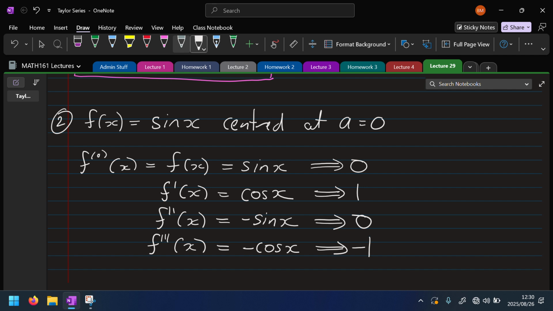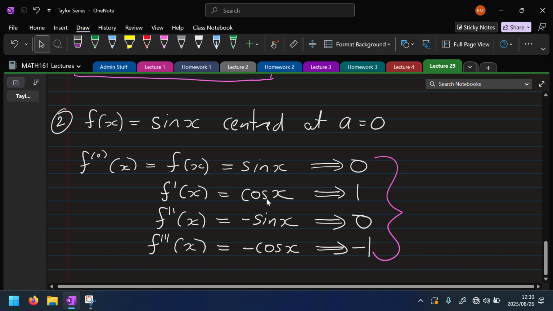So what sort of pattern do we see here? We see that the first one is 0, then the next is 1, then 0, then minus 1. Any guess what the next one will be? 0. Yeah, so we can see the pattern there. Starting with the 0th derivative, that's 0, then the second is 0, the fourth will be 0, and so on.